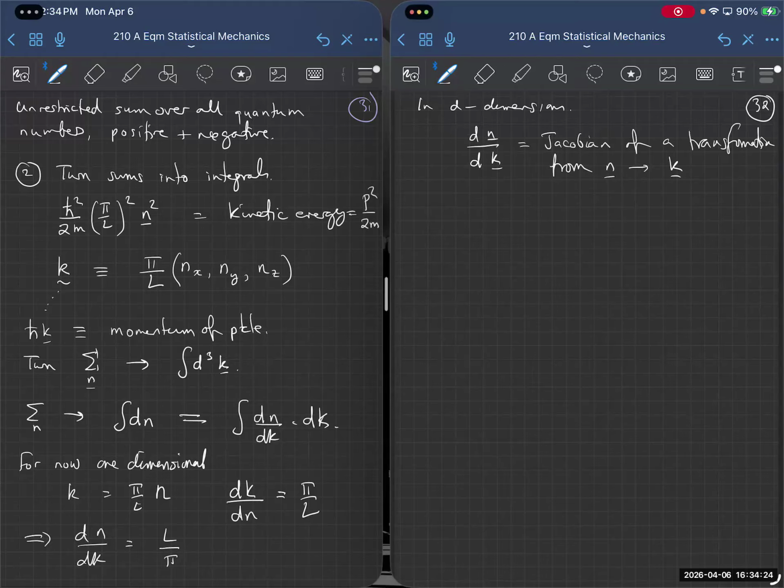And so what I'm going to get is that the sum over n goes to an integral over n, which is equal to L over pi to the dth power integral d^d k. And that would be true if I'm in d dimensions. So this factor here is called the density of states in K space.